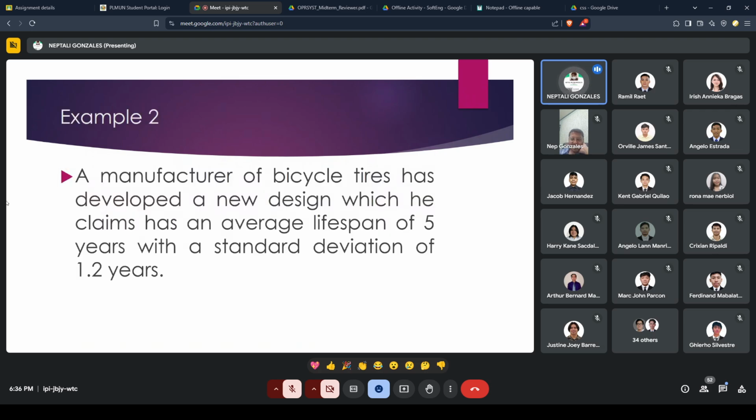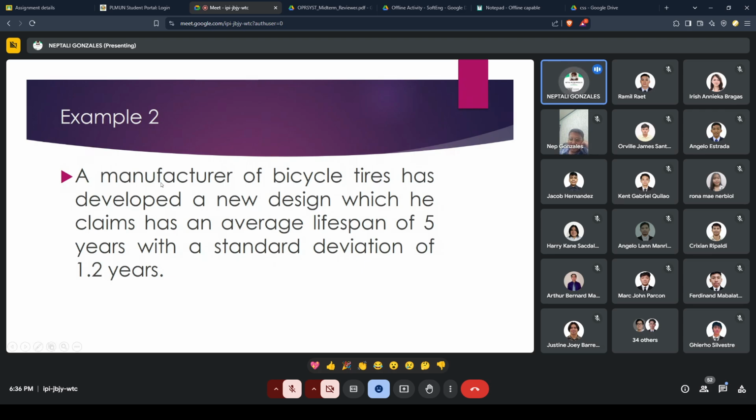A manufacturer of bicycle tires has developed a new design which he claims has an average lifespan of 5 years with a standard deviation of 1.2 years.